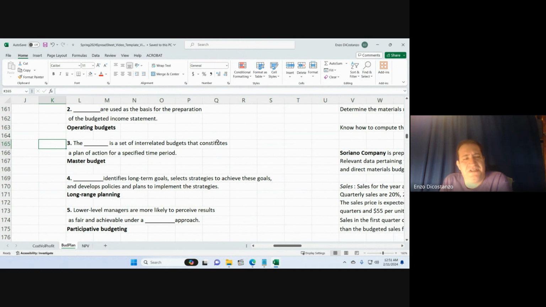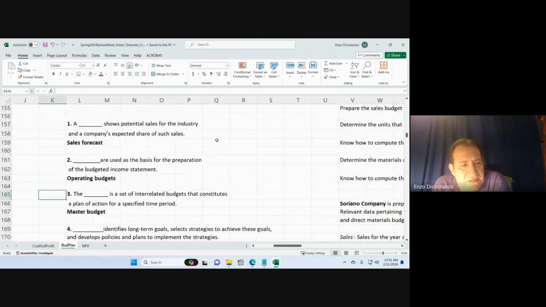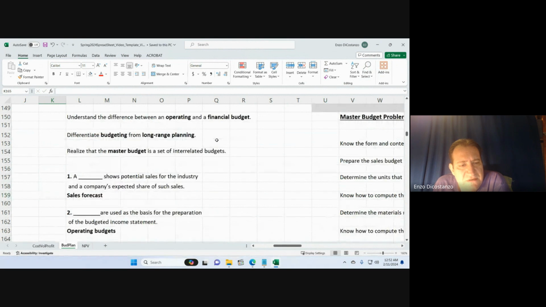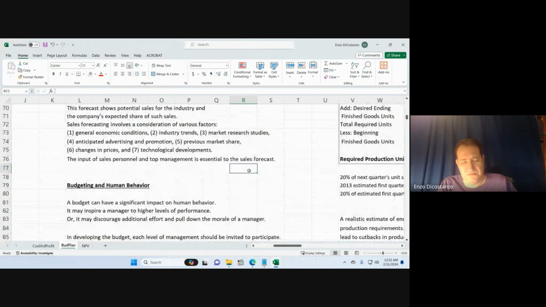What a master budget is, what an operating budget is, the basis of preparation of budget income statements. Sales forecast shows potential sales for the industry and the company's expected share of such sales. Okay, so you have all those.